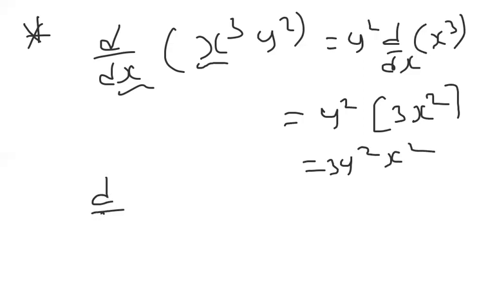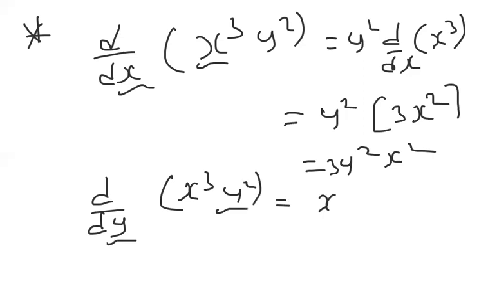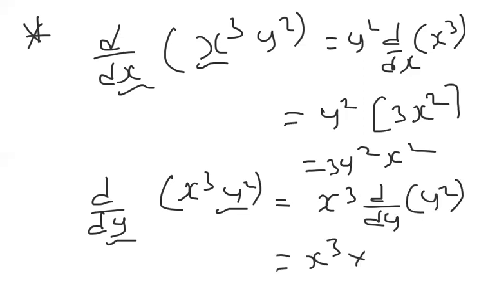Suppose for the same question they have given d by dy of x cube y square. Now y is variable, x cube you keep outside, d by dy of y square. So x cube into d by dy of y square, and y square differentiates to 2y. So we have to handle it like this.